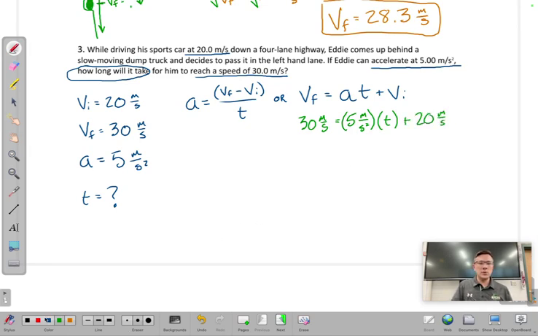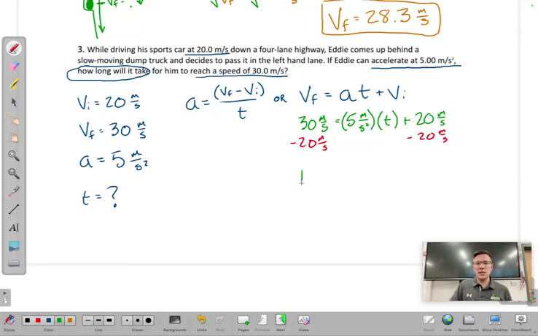So what we need to do here is first get rid of this plus sign. We're going to subtract 20 meters per second off of each side. When we do the final velocity minus the initial velocity, really that's the change in velocity, right? And that should be positive 10 meters per second. That makes sense.